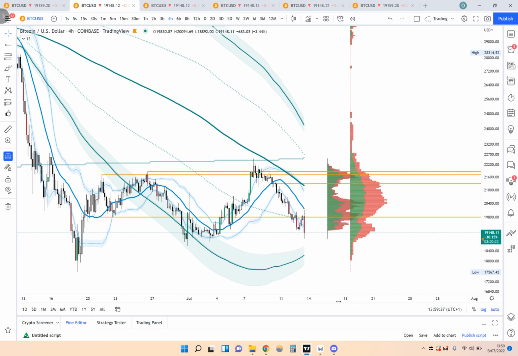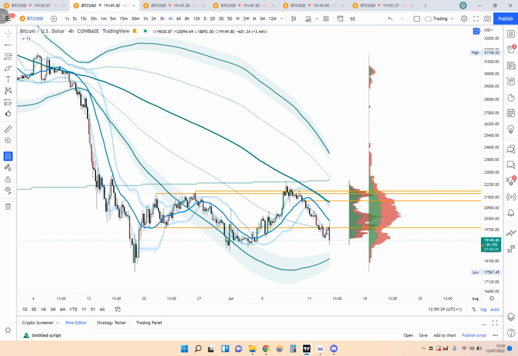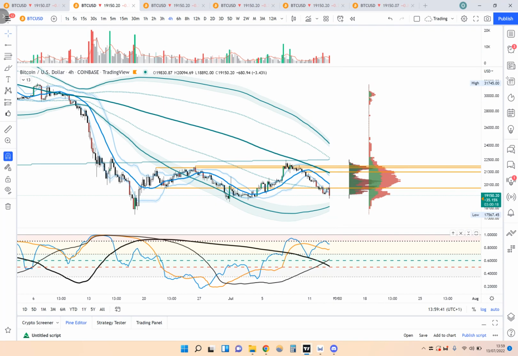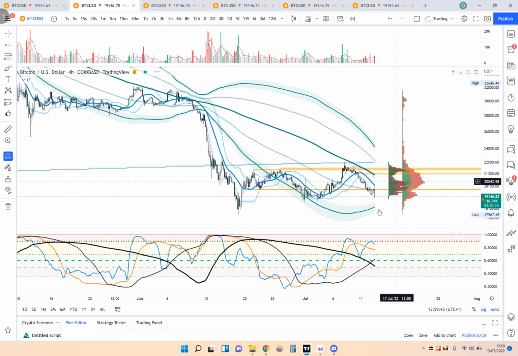But that's where price is right now, very close to what I think is going to be the breakdown to a new low, but it's just about the final mopping up of liquidity as it's known.